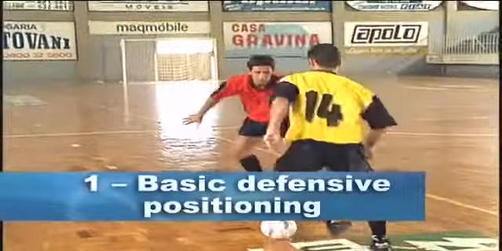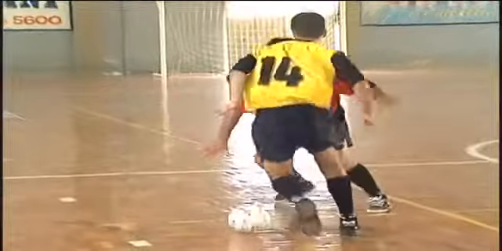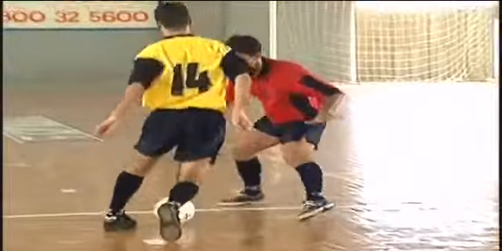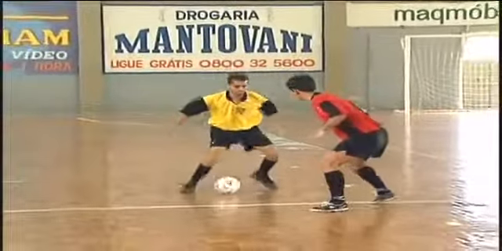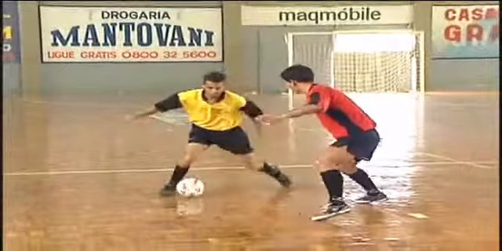Basic defensive positioning. The player should always keep his legs bent, his upper body slightly inclined forward, his legs slightly spread, and avoid crossing his legs when moving sideways.